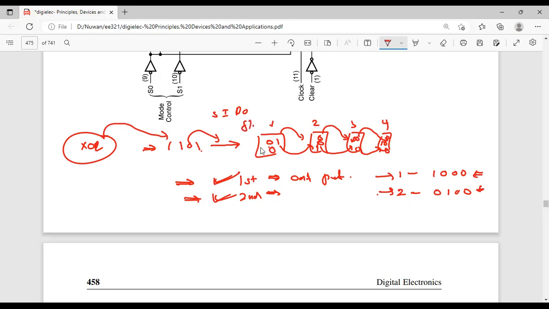You also need the flip-flops, which can be used for this bit memory. Then you can use XOR to shift this. So very easily you can do that. But the designing part will not come to the exam.